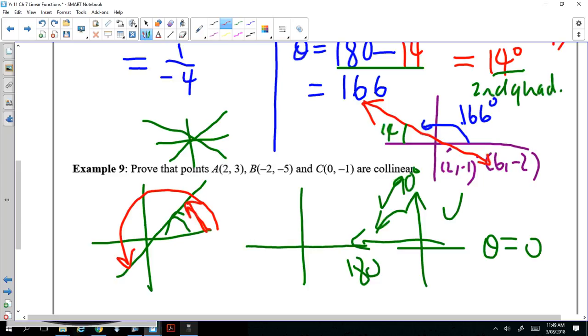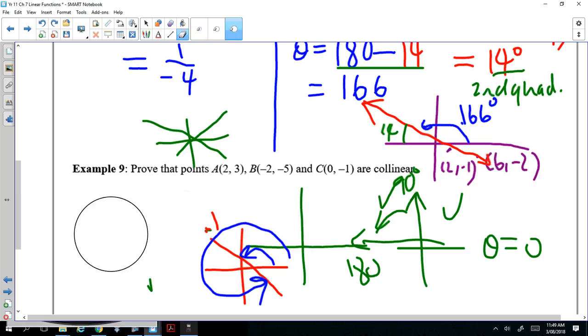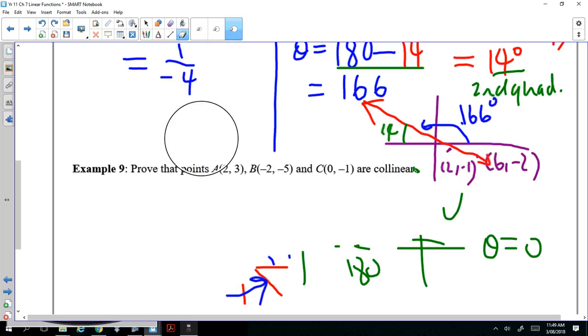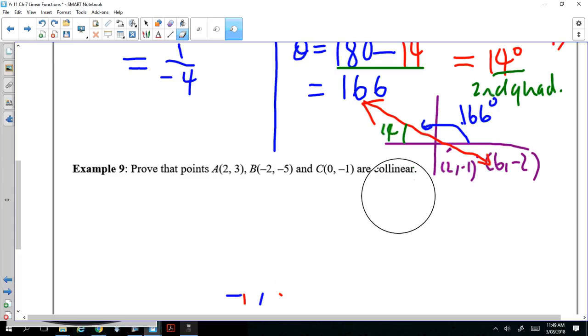Now, the next word is called collinear. What's collinear mean? Let's look at it as a two-word. Co means common. Linear means line. So what does it mean? It means all the points are on the same line.